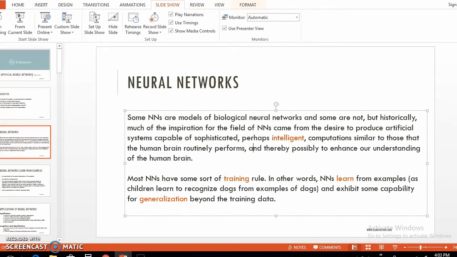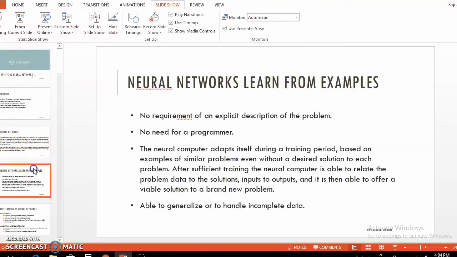Now, let me tell you how neural networks learn from examples.